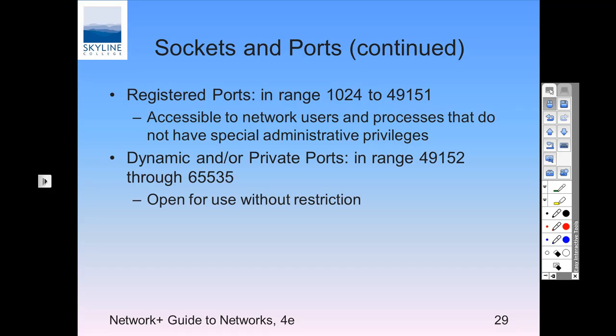Dynamic and private ports, 49152 through 65,000. Sometimes you'll hear these called dynamic, random, or ephemeral ports. It means they're temporary, they're just used, and those are the ports that you're generally going to get for your outgoing traffic from your machine, your random port.